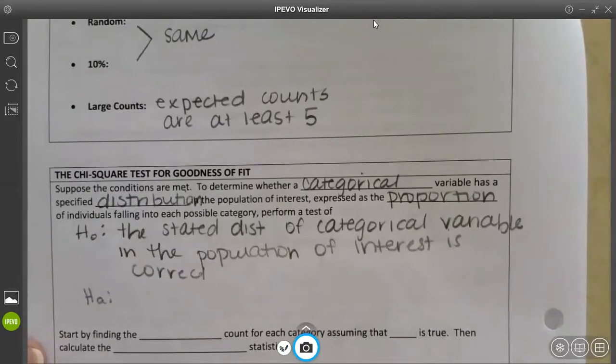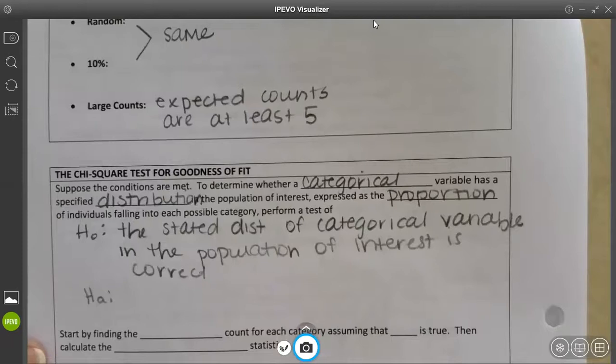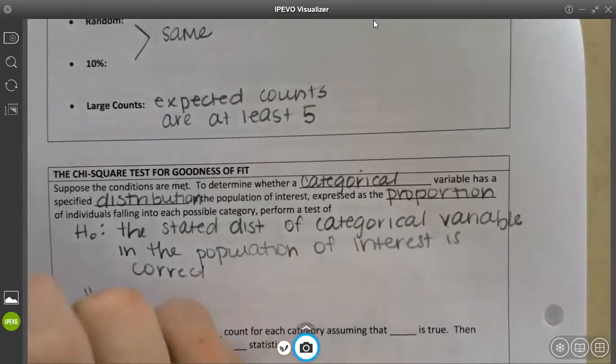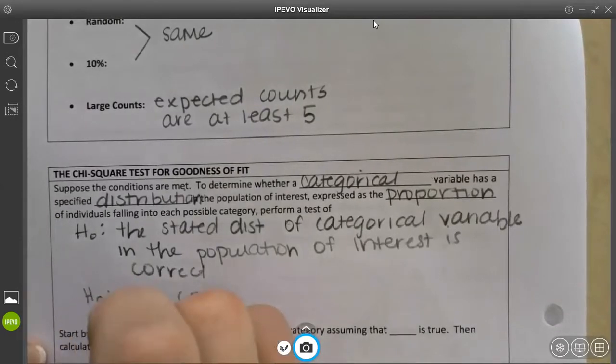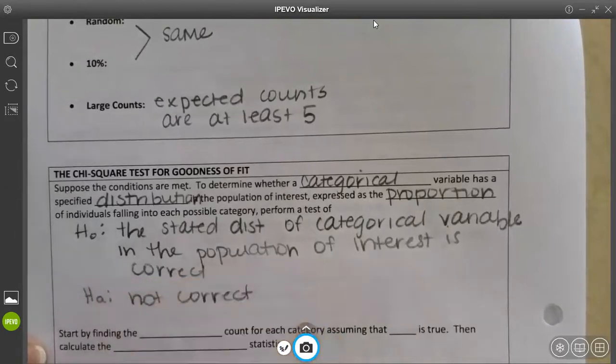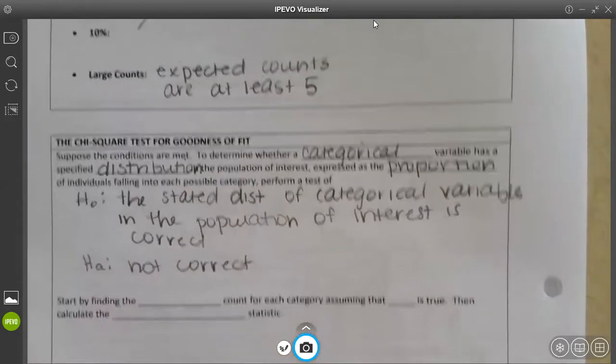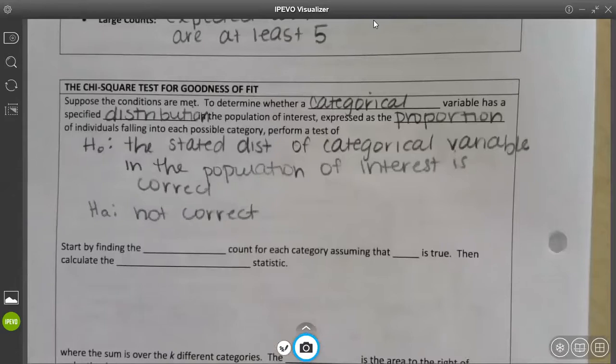Your alternate is going to be the same thing, except it's going to be is not correct. And we just did that with the M&Ms. The company's claim was correct, or the company's claim was not correct.